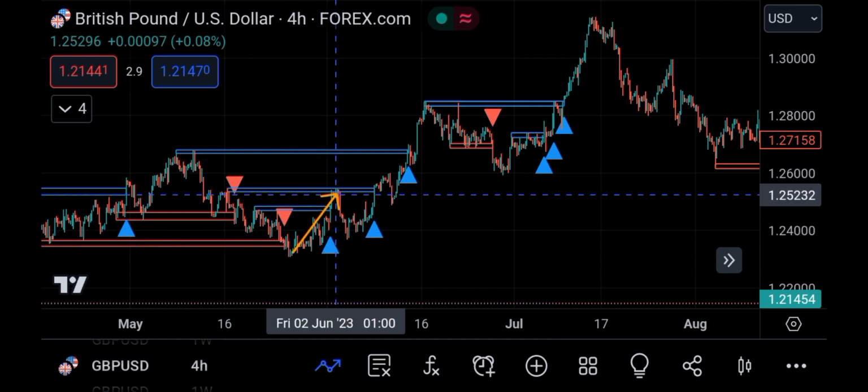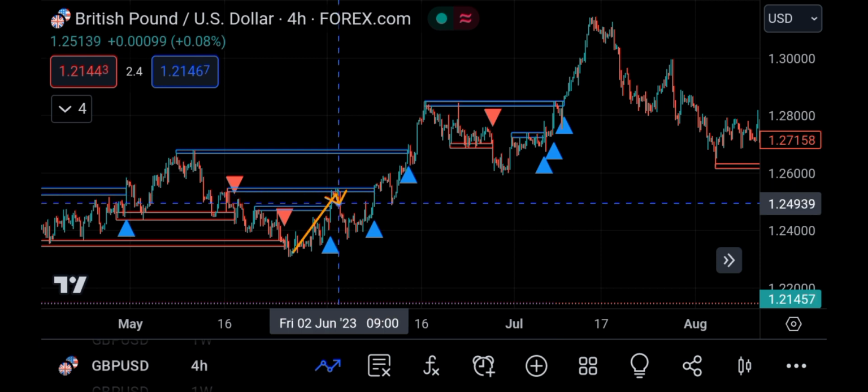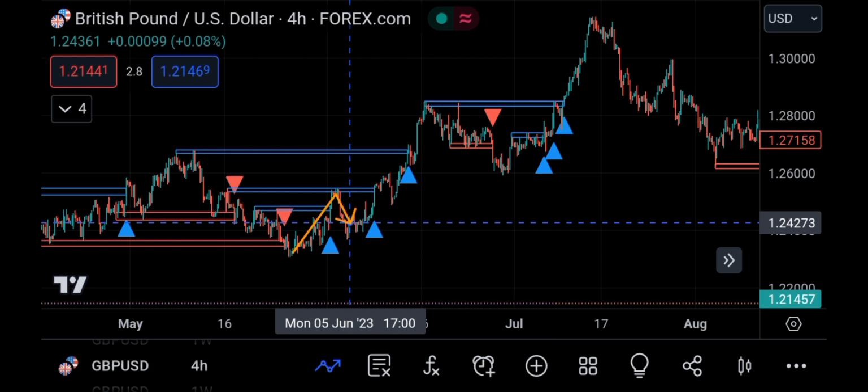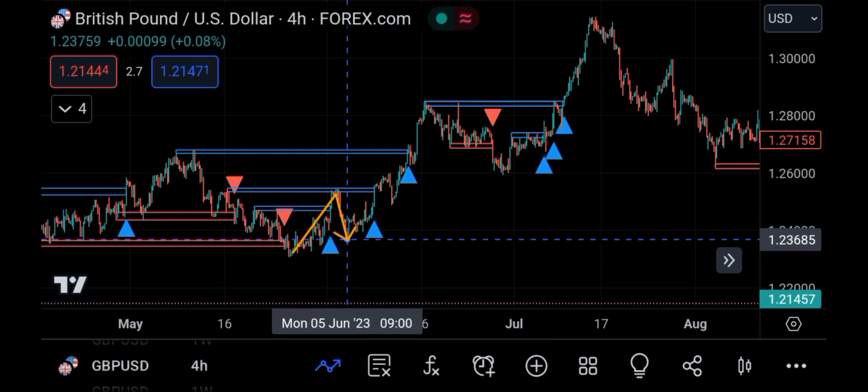So we create the first impulsive move, then a zone of correction. Remember, we are basing our argument on Elliott theory.